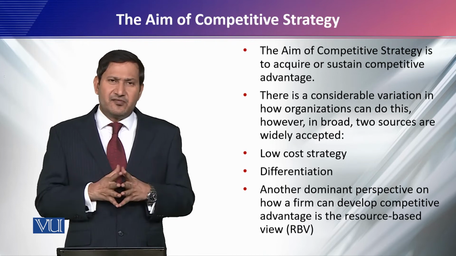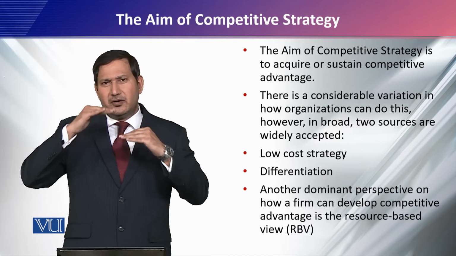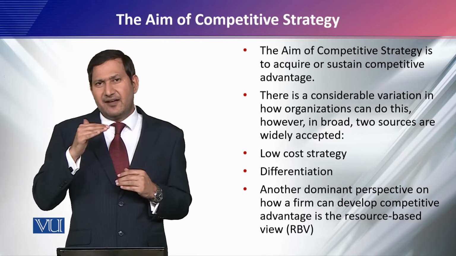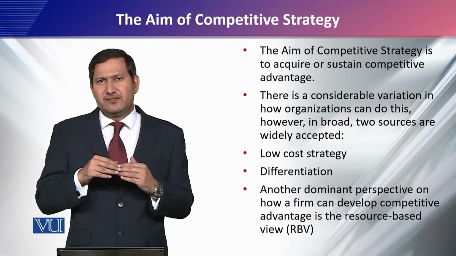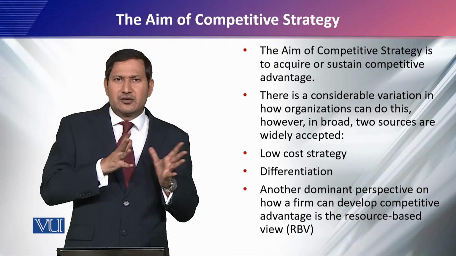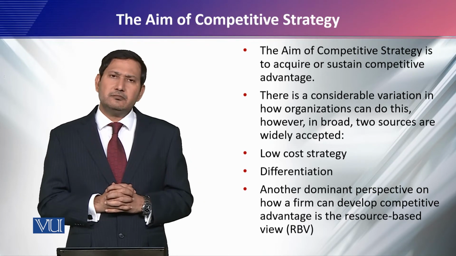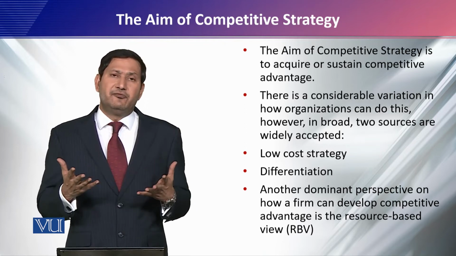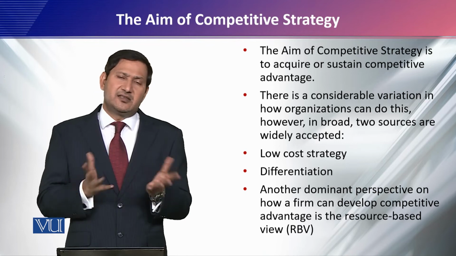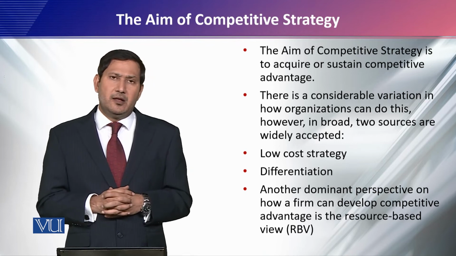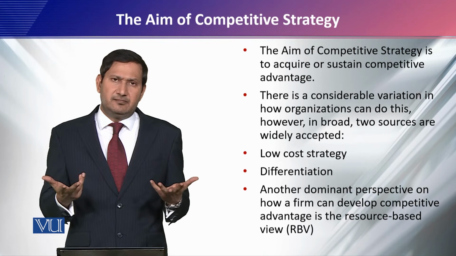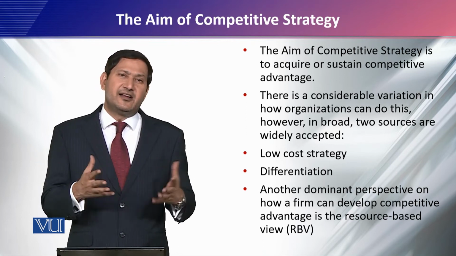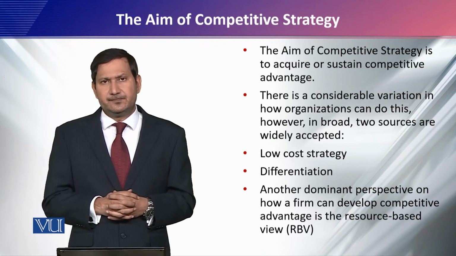The second type of competitive advantage is when you produce something which is of high quality or has some differentiation as compared to your competitors. For example, some universities are known for better quality of education as compared to others. Some detergents charge higher prices; they are known for better quality of cleaning for some reasons.